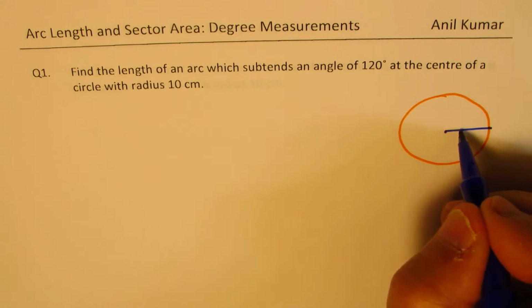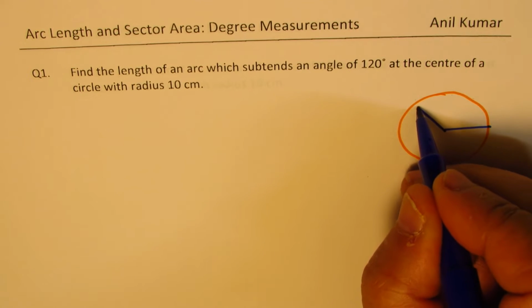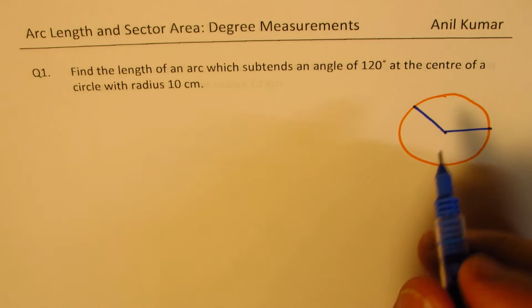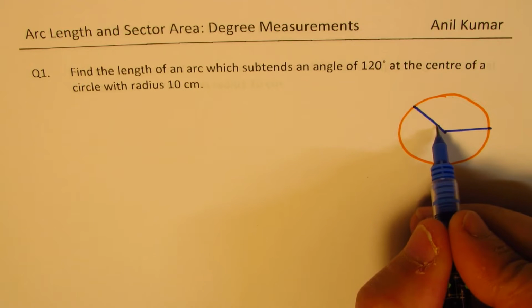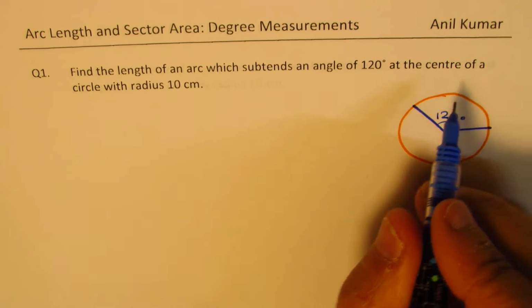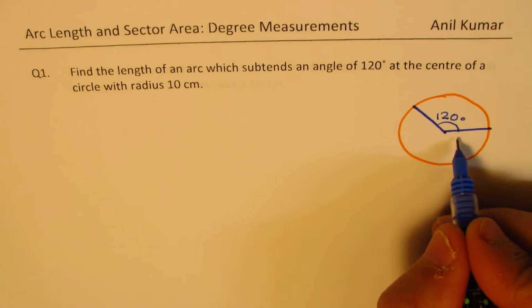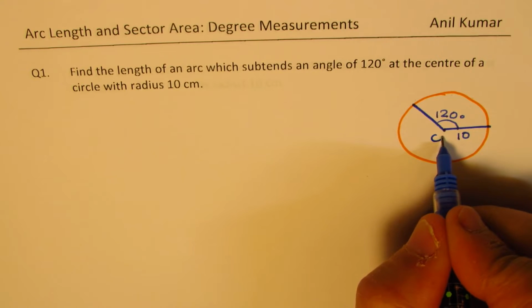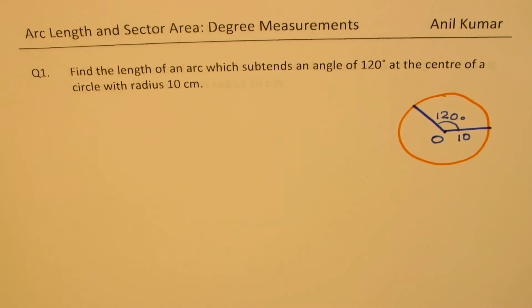So it is 90 plus 30. Find the length of the arc subtended by this angle of 120 degrees at the center of a circle whose radius is 10. Perfect. Let's call this circle O. That means this center will be O.